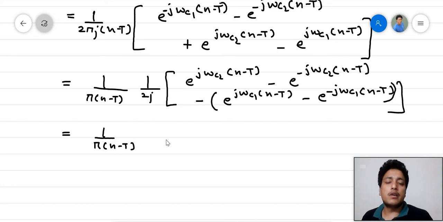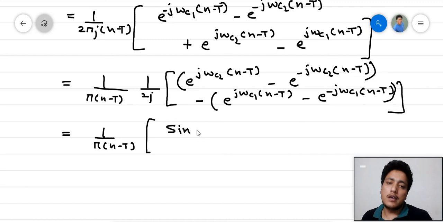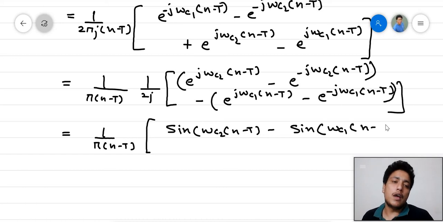Taking 1 by 2j inside and using Euler's identity, we get 1 by pi (n minus tau) times [sine omega c2 (n minus tau) minus sine omega c1 (n minus tau)].